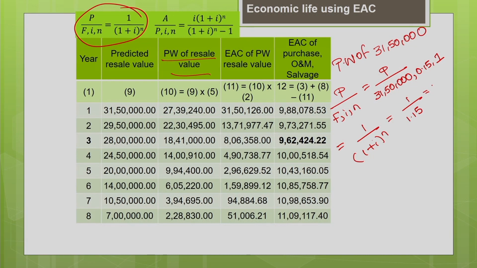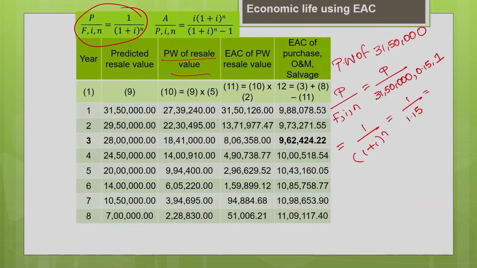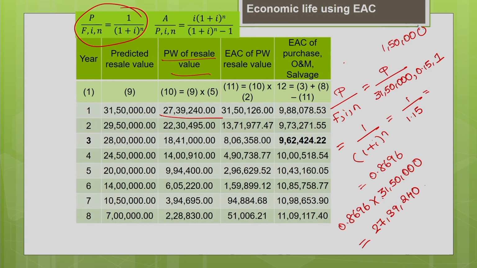We have already calculated the present worth factor as 0.8696. You multiply 0.8696 with 31,50,000, and that gives you the present worth of the resale value, 27,39,240.